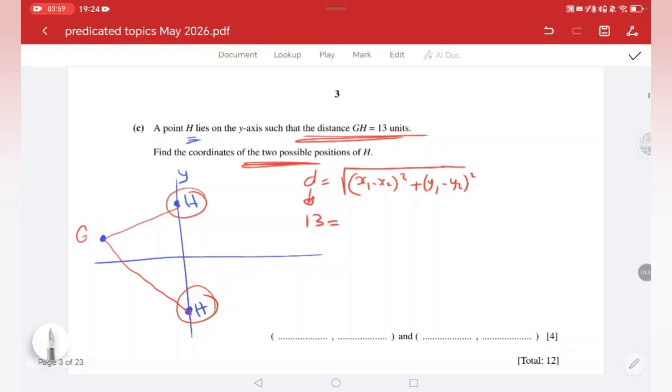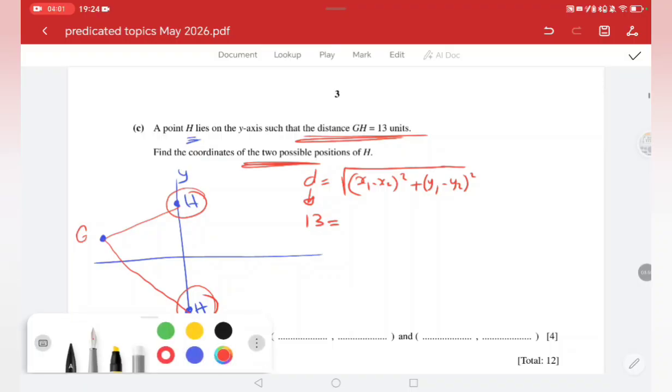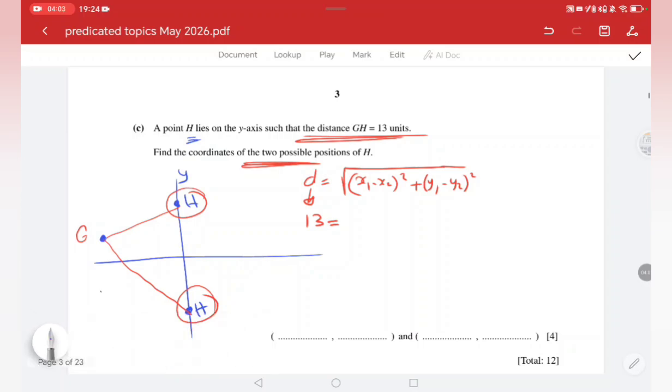Since we know that this point is on the y-axis, x is 0, and here is y, or y1. And the same here, this one is 0, and this one is y. Let's see the value of y. Maybe it's positive and negative. Let's see.